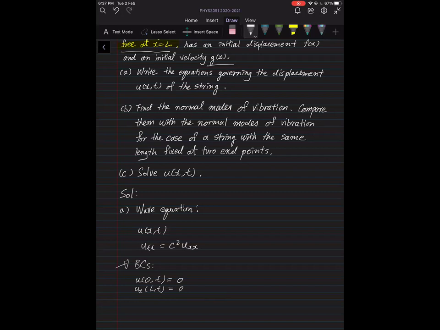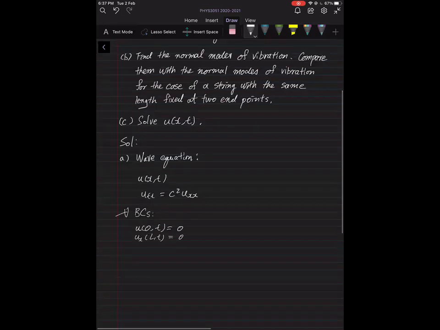So what it means is, suppose you have a string here. Then if there's one end here without any external force, it actually means the end here will be horizontal.